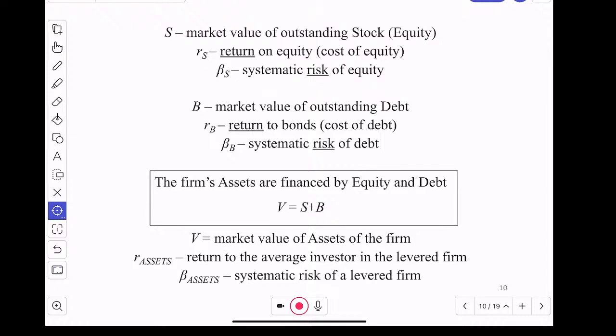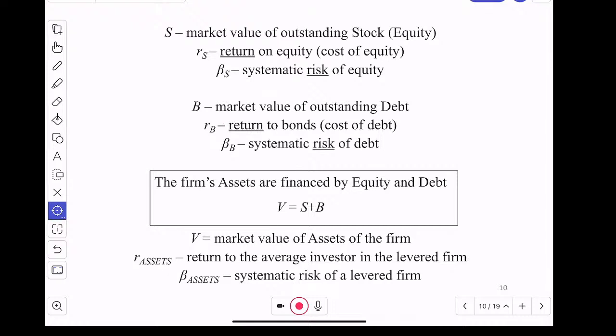And the return to bondholders is RB, and we call that the cost of debt. But this goes to stockholders. This return per dollar invested goes to bondholders.